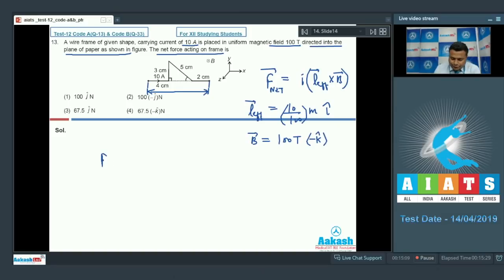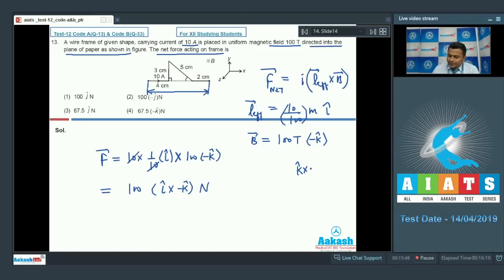Now therefore the net force will be I L cross B, that is 10 into L, 1 by 10 i cap, cross B, that is 100 minus k cap. So 10 cancels out, 100 i cross minus k cap Newton. We must know k cap cross i cap equals j cap.